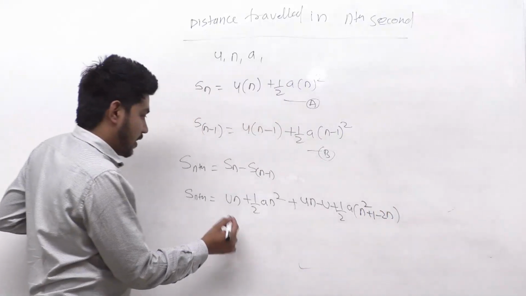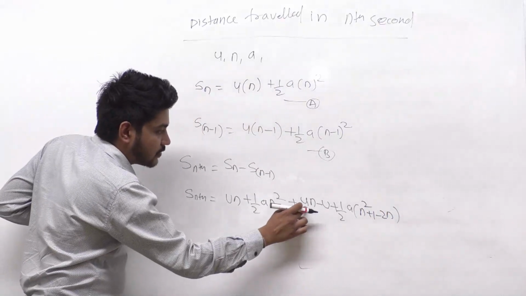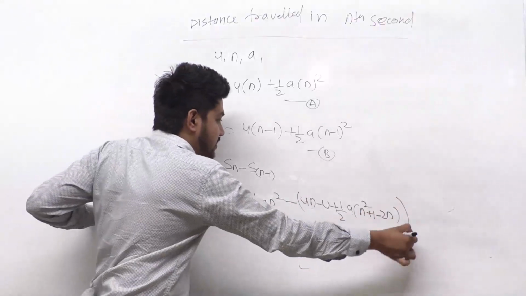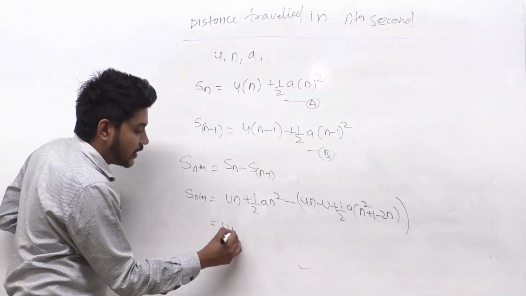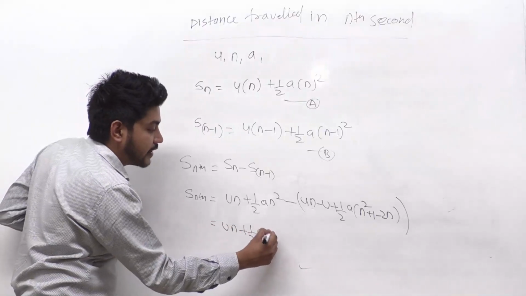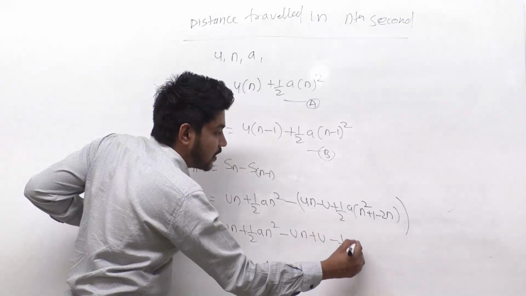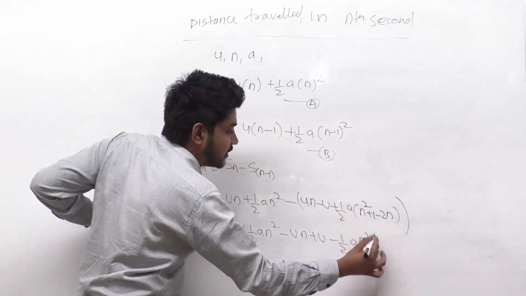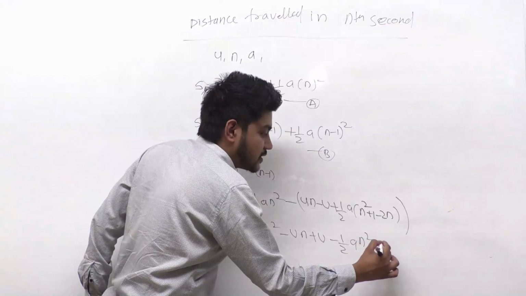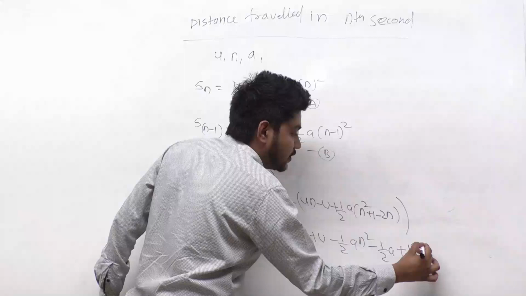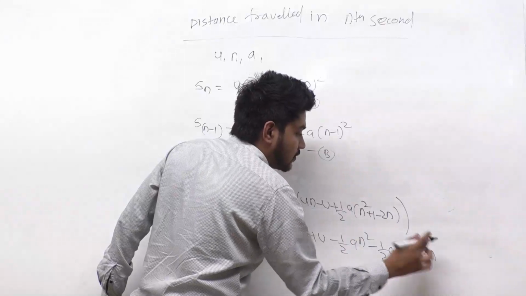Sorry, it is minus basically, I've forgotten to put the minus sign over here. So it will be un plus half a n square minus un plus u minus half a n square plus half a into 2n minus half a.